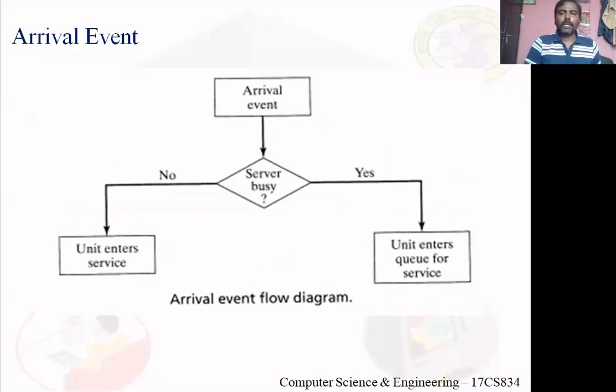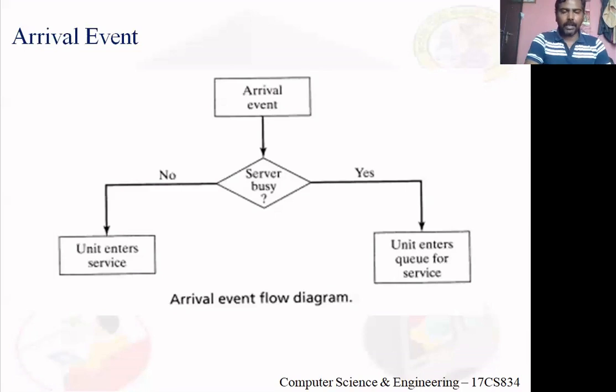If the server is idle, I mean not busy, then the customer gets service, so the unit enters service. So this is the flow chart. On an arrival event, look at the status of the server. Busy means the customer enters the queue. If the server is idle, the customer will enter service, I mean the customer gets service. Clear?